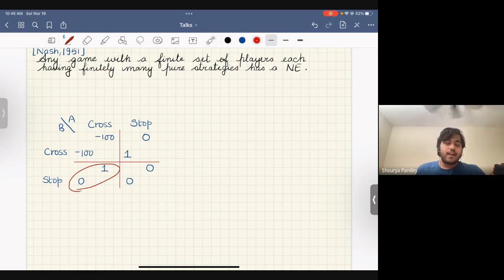But what if one of the guys chooses to randomize their strategy? Now you need to think about that too, right? What if I change my strategy to stopping half the time and crossing with half probability? We need to start thinking about those too. So let's just solve it in general.